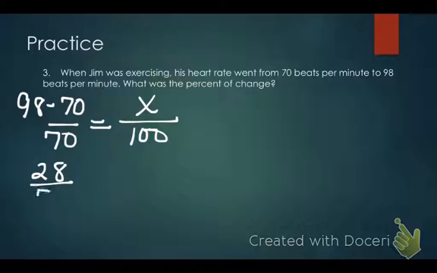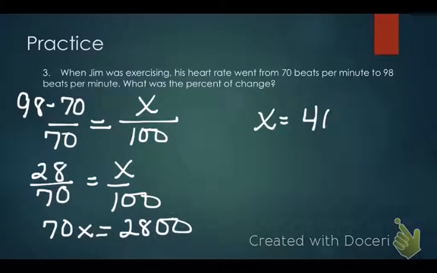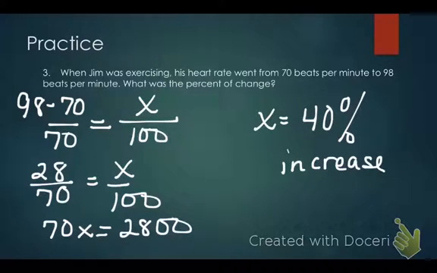So I subtract and get 28 is to 70 as x is to 100. This gives me 70x equals 2,800. Then divide each side by 70 to get x equals 40%. This would be an increase because, of course, as you're exercising, your heart rate is going to speed up.